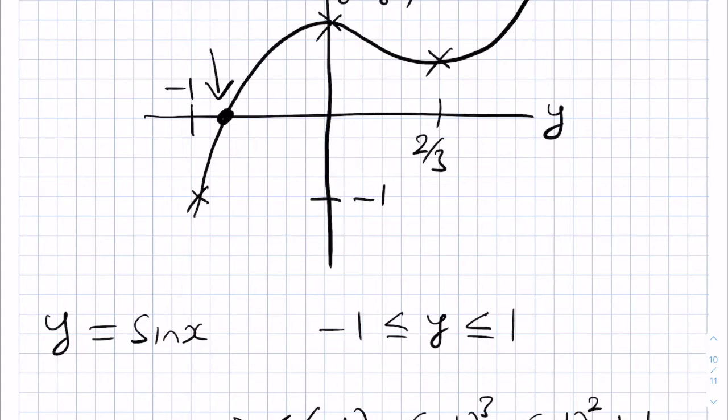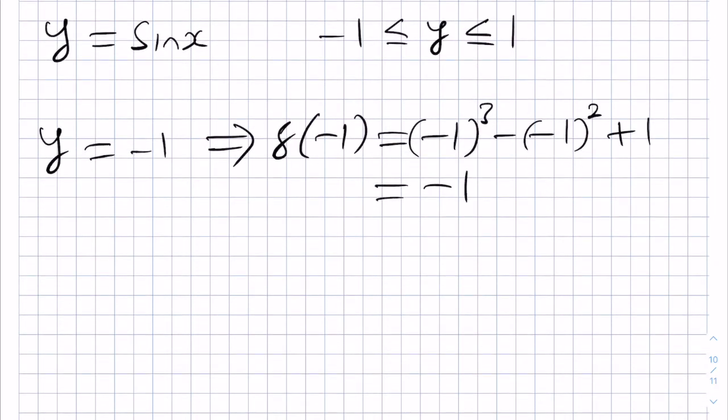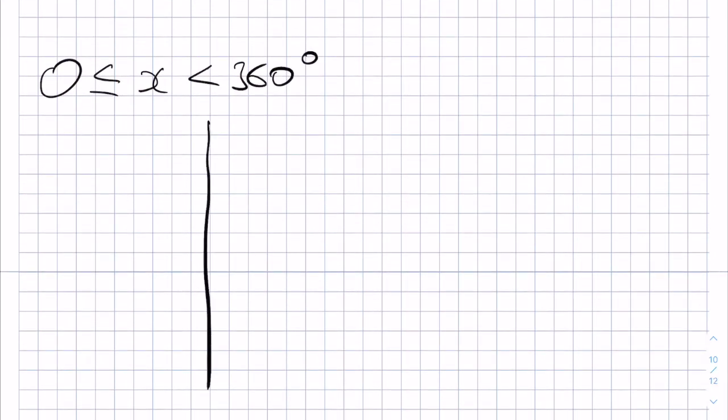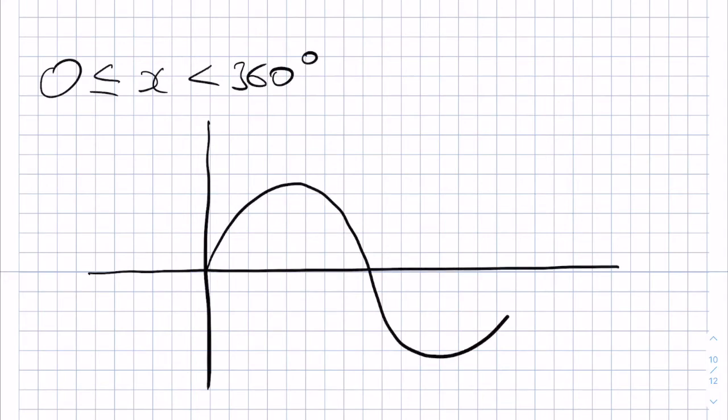Now, just because there is only one real root for y, this does not mean that there is exactly one real root for x. Recall that x is in the range between 0 including 0 and not including 360 degrees. If we draw y in terms of x, remembering that y is sine of x in this range, then it would look something like this, where 180 degrees is here, 360 is here, and we can label our axes as x and y.